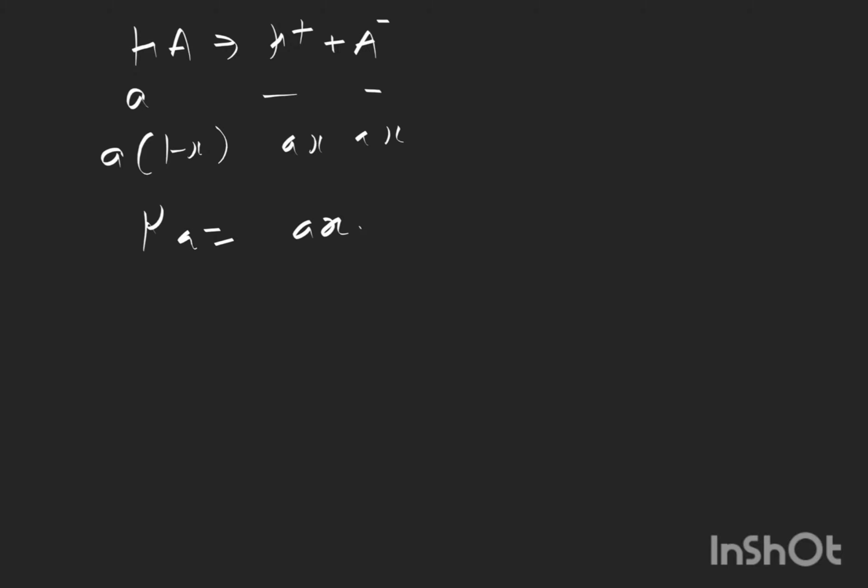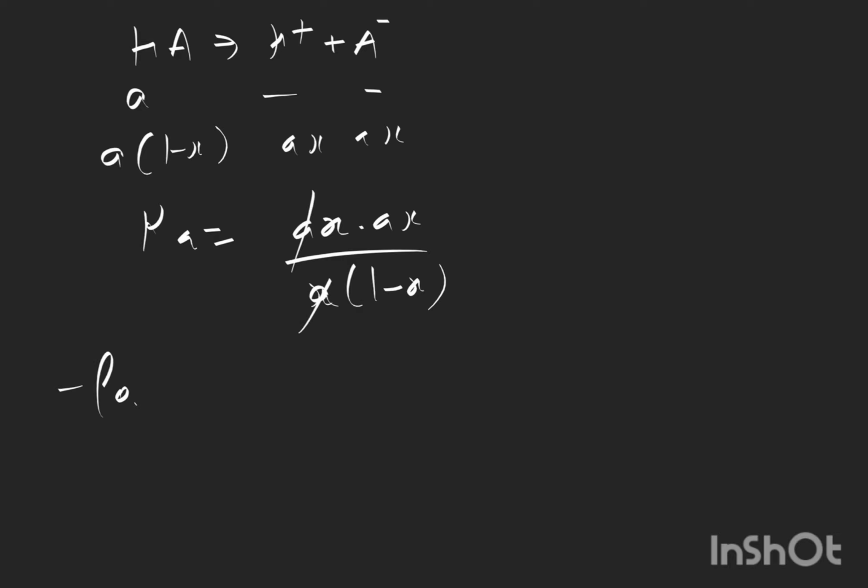Okay, I have got this weak acid HA gives H plus A minus. So initial concentration is A 0 0. A into 1 minus x, it is Ax, it is Ax. So Ka is equal to Ax into Ax upon A into 1 minus x, A and A cancel.